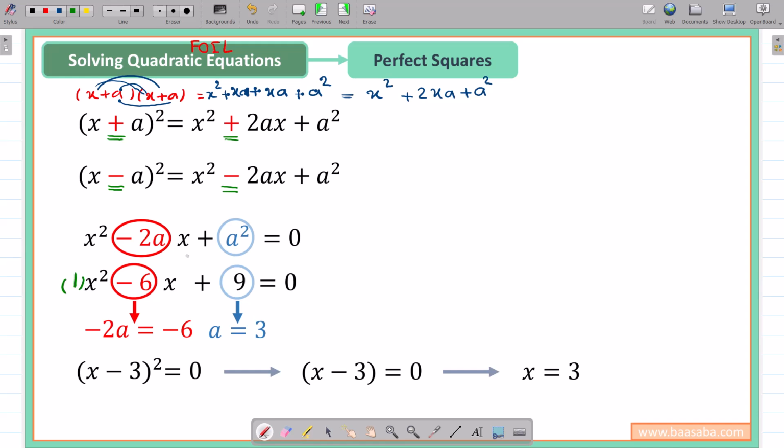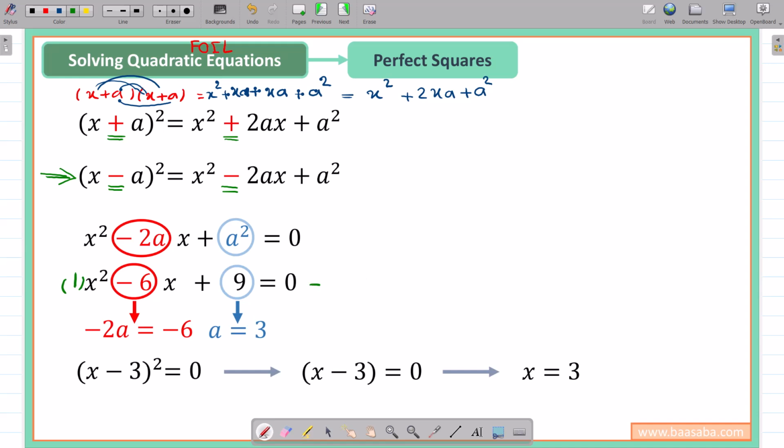In this case, negative 2ax because 6 has the negative sign. Whenever we have a negative sign, we go for the second case of our perfect square identity. Let's see whether our negative 6x is negative 2a. Okay, negative 2 times 3 is negative 6, so we're good to go.